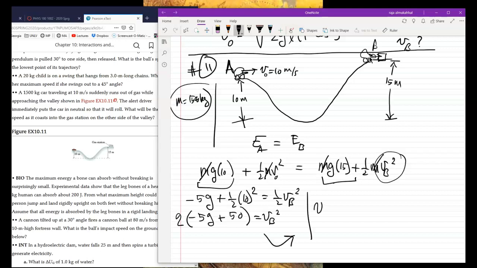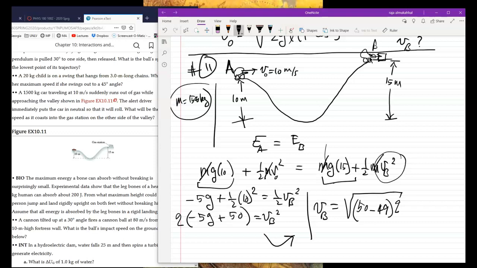So in this case, V B is equal to the square root of 50 minus 5g, I think it's 49. Use my calculator. 5 times 9.8, 49. And so, times 2, sorry. Times 2, yes.